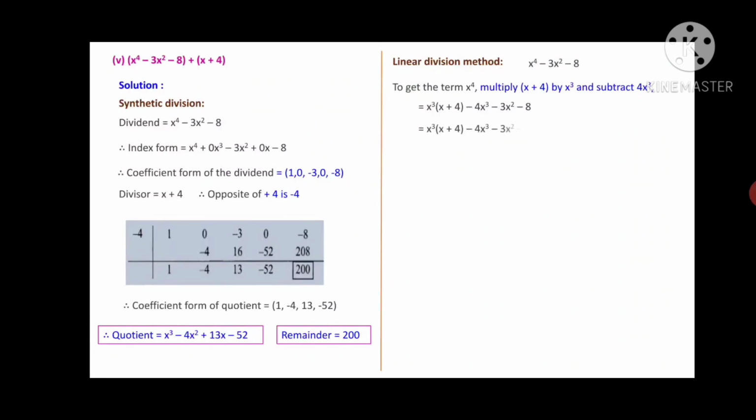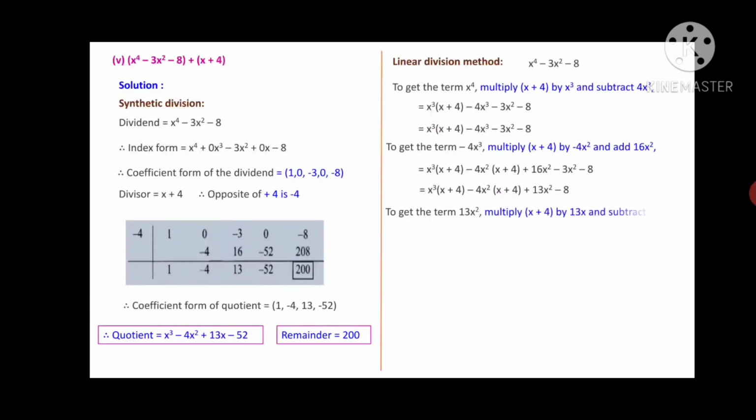To get the term −4x³, multiply x + 4 by −4x² and add 16x². So here x³(x + 4) − 4x²(x + 4) + 16x² − 3x² − 8. So it could be written as x³(x + 4) − 4x²(x + 4) + 13x² − 8.